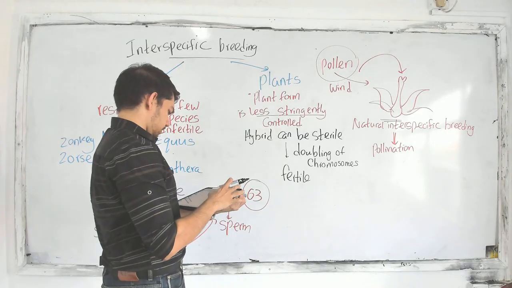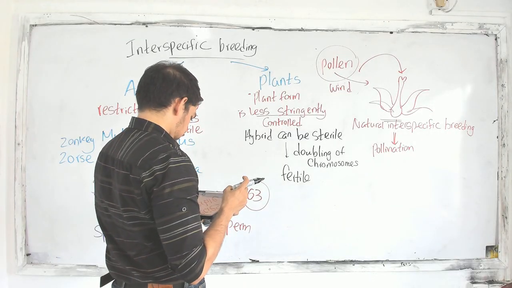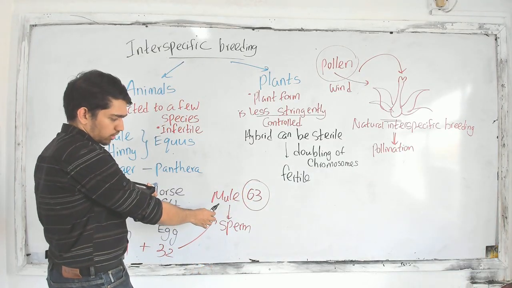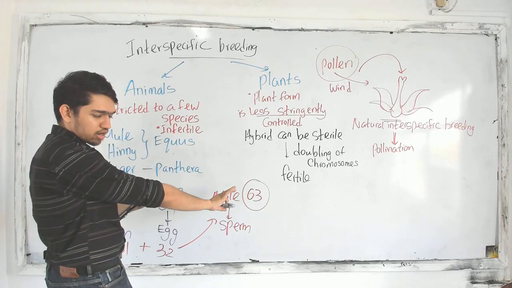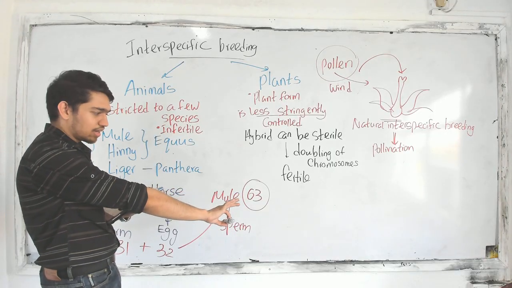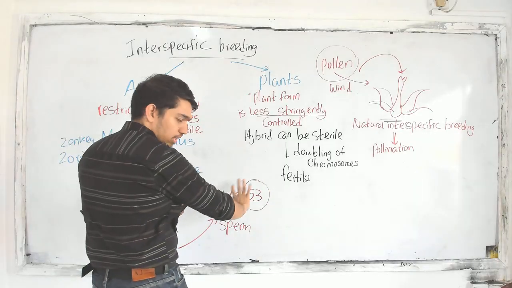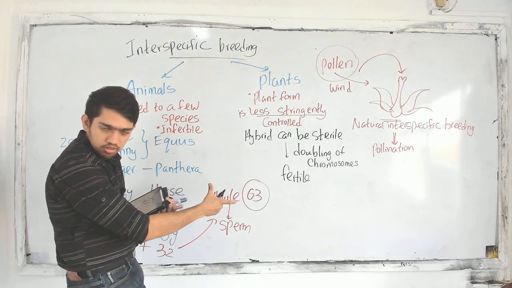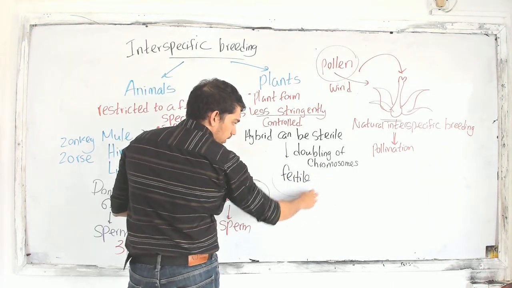For example, if you take the mule, if the mule could double his chromosomes, he would get 126. That is a number divisible by 2, right? But he can't do that. But if a plant happens to have an odd number, it can double the number of chromosomes and become fertile.